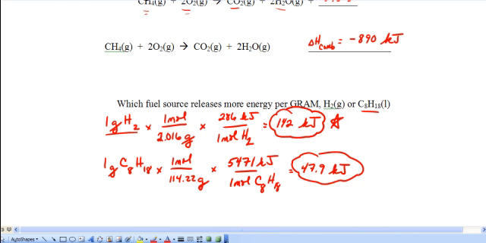In fact, that's one of the reasons we're exploring hydrogen as a replacement for fossil fuels, because it releases a lot of energy per gram of hydrogen. Okay? Now this really does conclude 17.2.